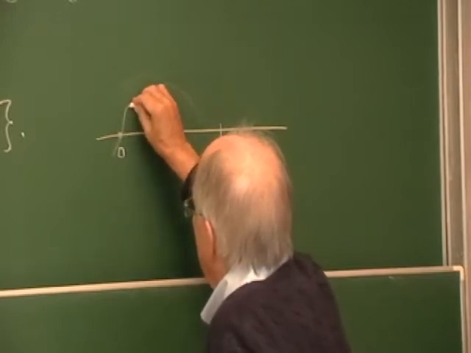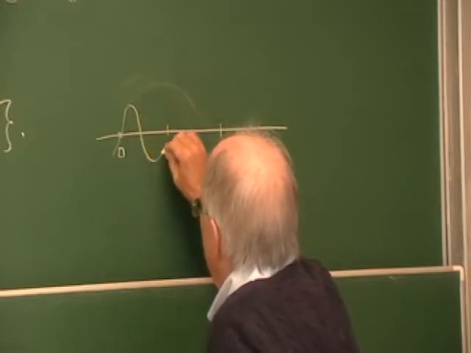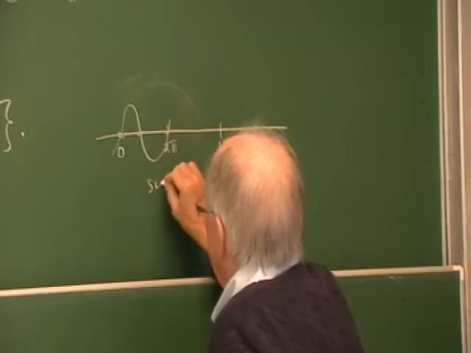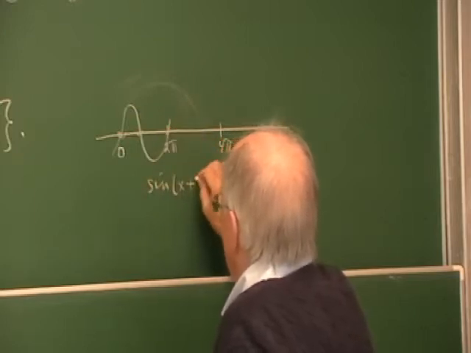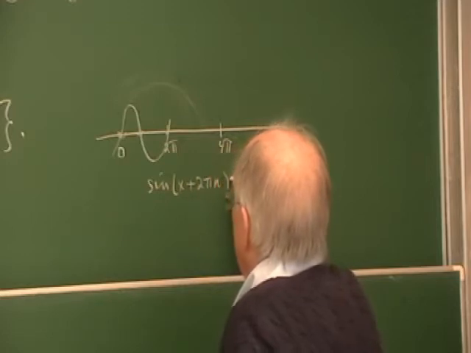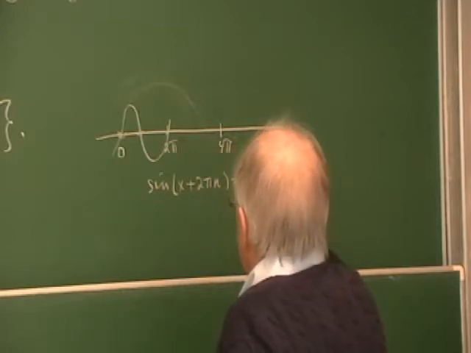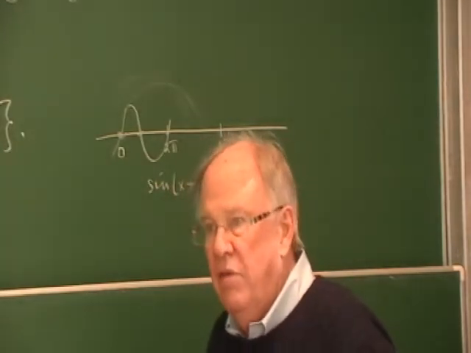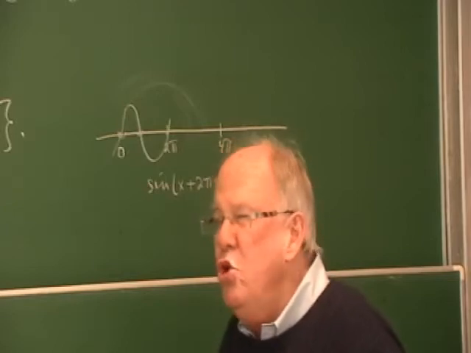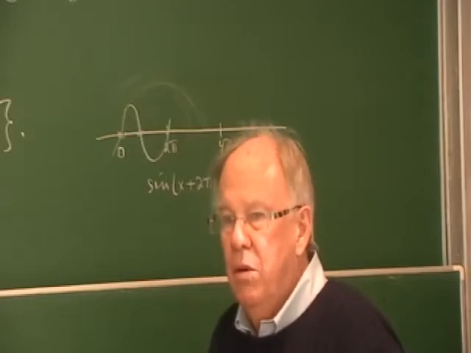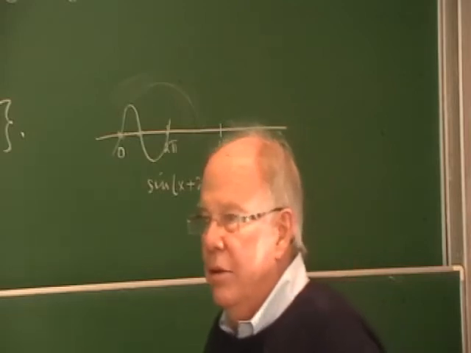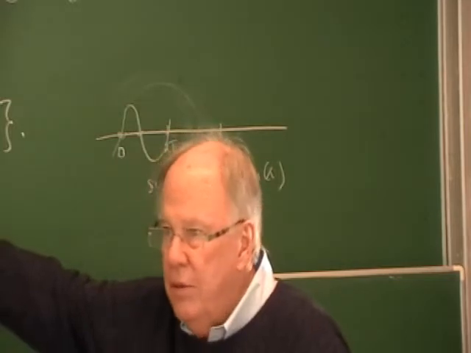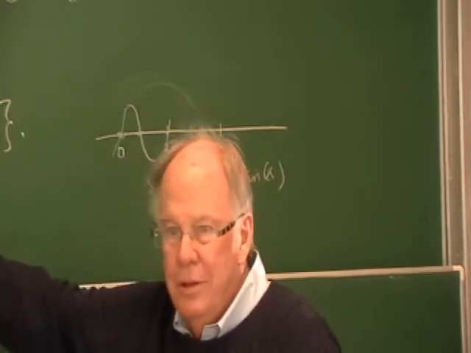Sine, this is pi over 2, there's pi, there's 2 pi, it's periodic. Sine of x plus 2 pi n equals sine of x. And this was not even made precise really at the time of Euler. Euler really did not understand the exponential map in the sense of convergence.